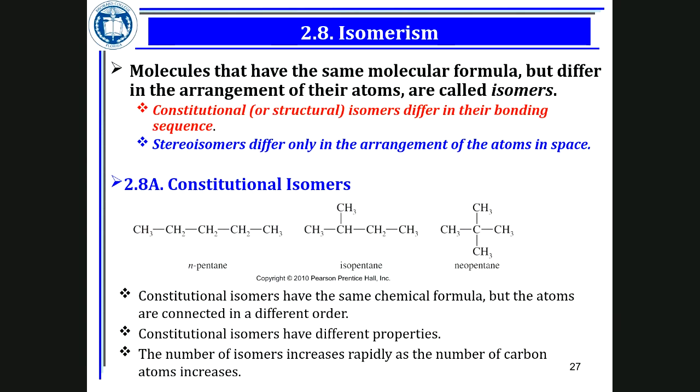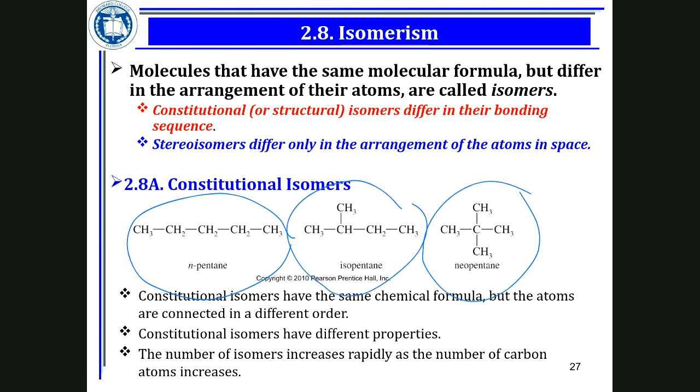These isomers are molecules that have different connectivity. Like n-pentane versus isopentane versus neopentane, they all have 5 carbons and 12 hydrogens. But when it comes to connectivity, for n-pentane, or normal pentane, you have everything aligned and no carbon is attached to more than 2 other carbons.